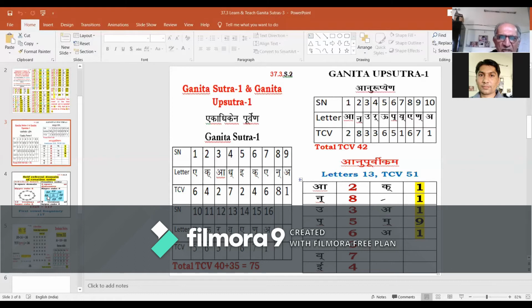This organization format feature of the text of Ganita Sutra is that Ganita Sutra 1 and Ganita Upsutra 1 together yield TC value 75 plus 42, 117, and this is precisely equal to the total frequency of the vowel in the entire text of 16 sutras and 13 upsutras being 117.